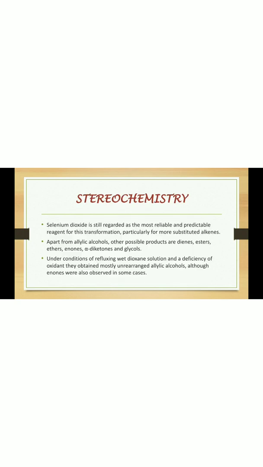The allylic oxidation using selenium dioxide proceeds through an ene reaction at the electrophilic selenium center. And now let's look at the stereochemistry of the selenium dioxide based allylic oxidations. Selenium dioxide is the most reliable and predictable reagent for this transformation, particularly for the more substituted alkenes.